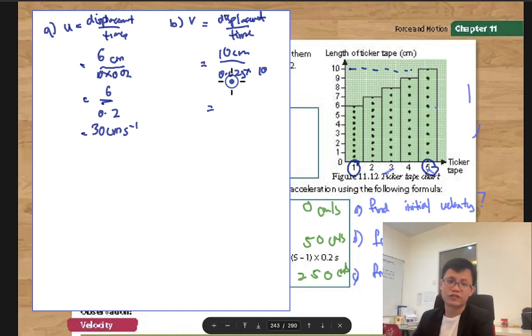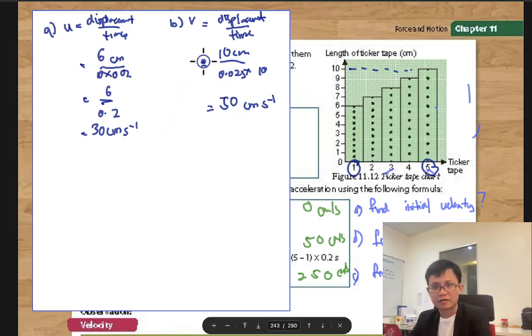You will get 50. So I just put back the unit, 50 cm s negative 1.